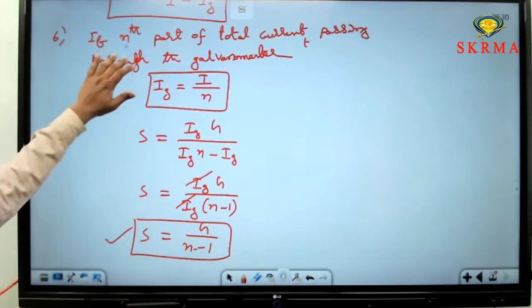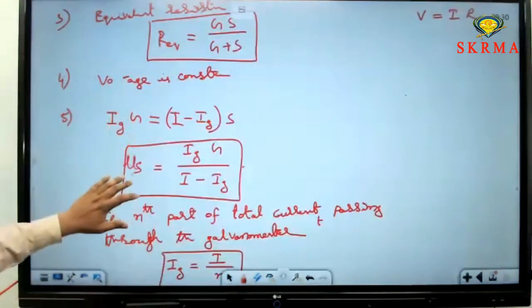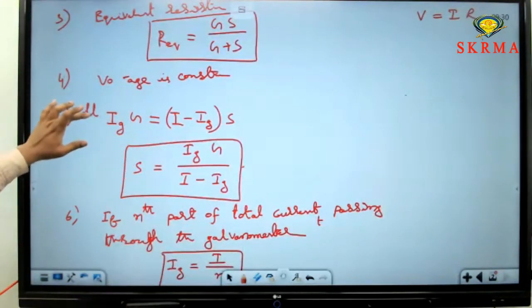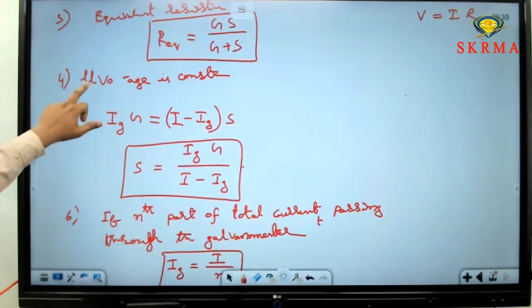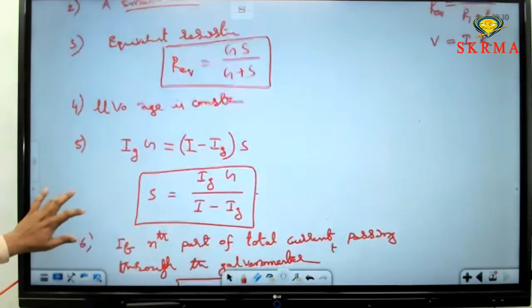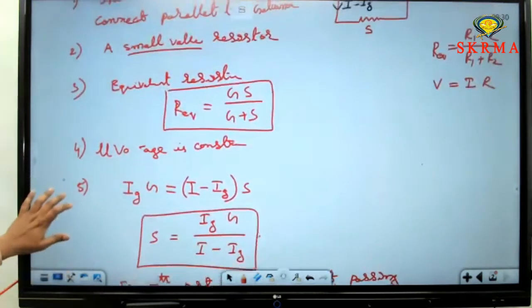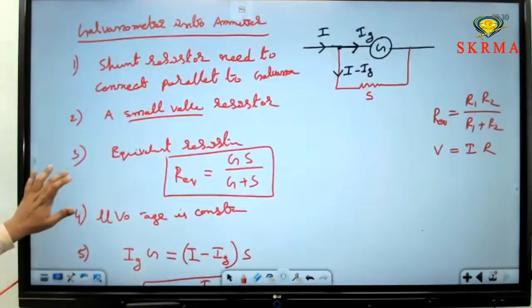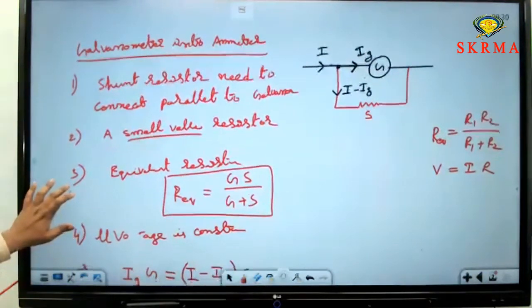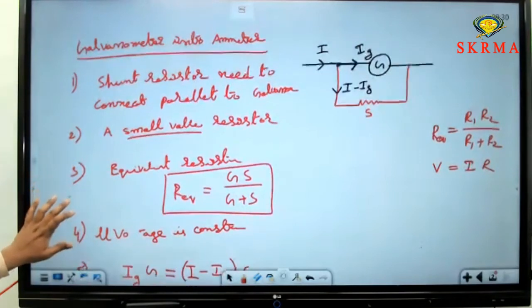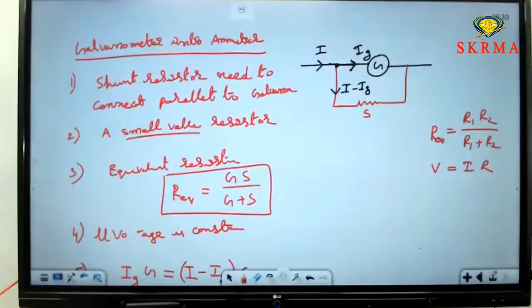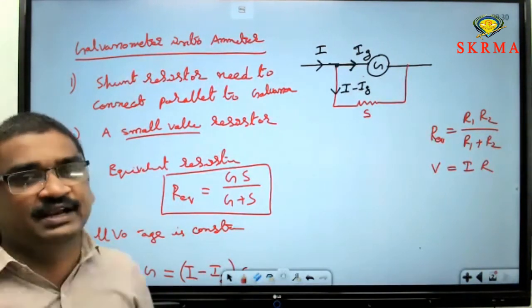Let me explain this once again. We can convert a galvanometer into an ammeter by using a shunt resistor.